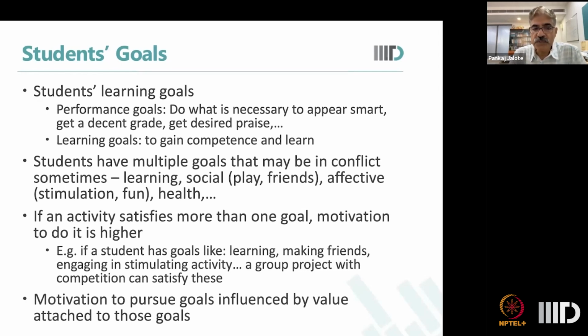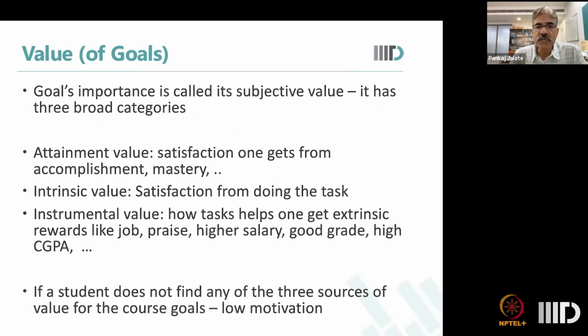So motivation to pursue goals is influenced by the values the students attach to these goals, right? And the value is really a subjective value. I've already discussed that. It's completely personal and it is subjective.